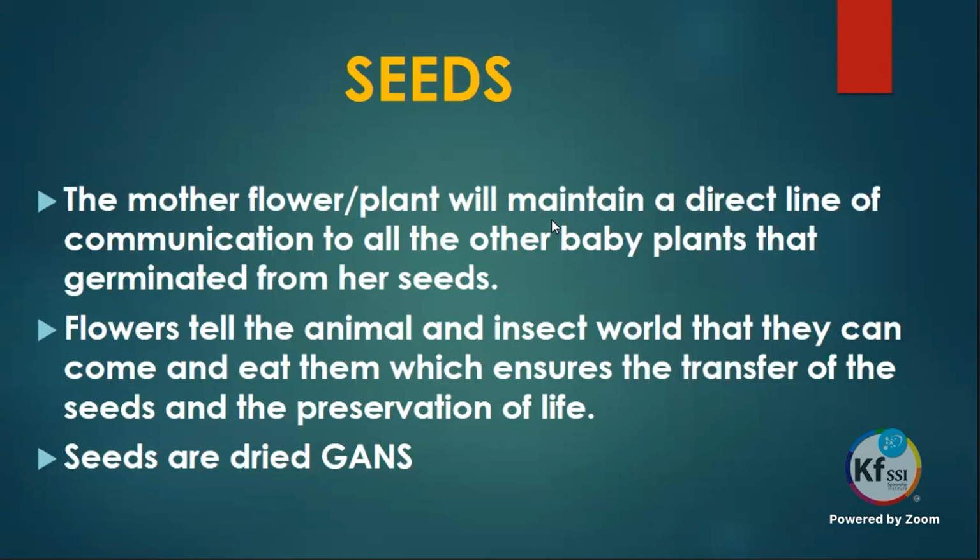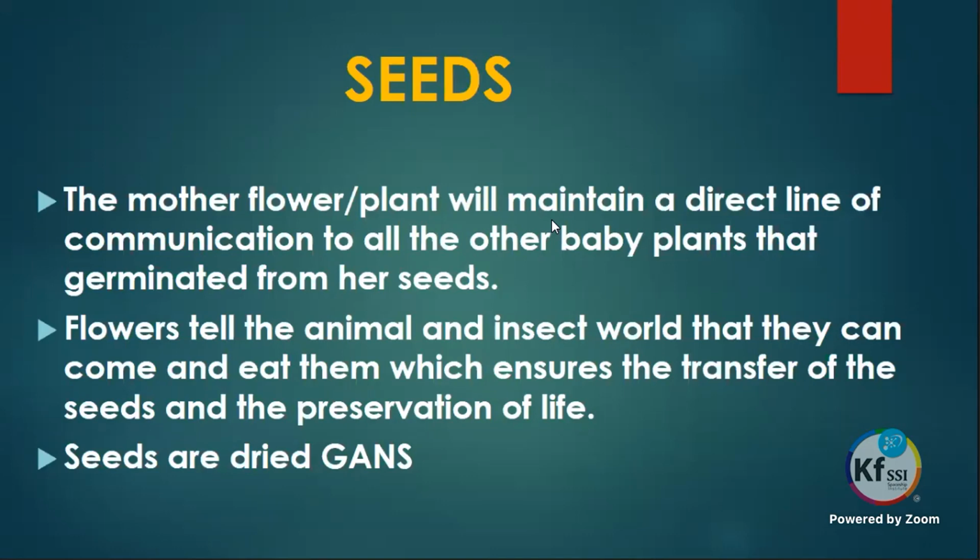And another important point to remember for the seeds is that they are essentially dried GANs. We've always been told how nutritious seeds are and how good they are for us, and they contain all these different minerals and vitamins, and different nuts and seeds.